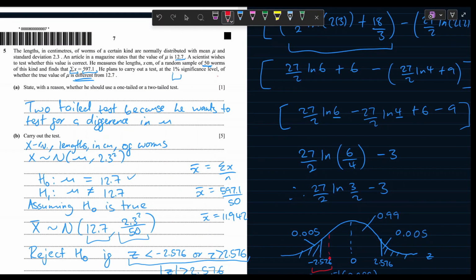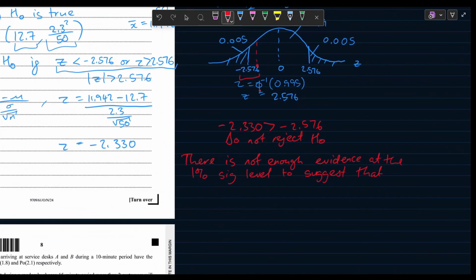A scientist wishes to test whether the true value of mu is different. Okay, to suggest that the true value of mu is different to 12.7. All right, and this would be our final answer.